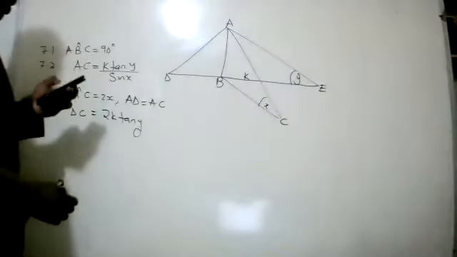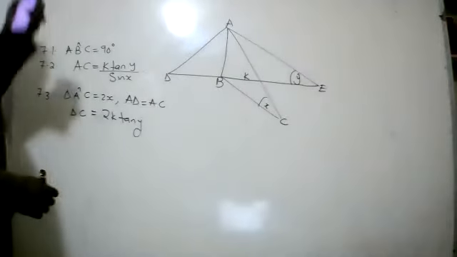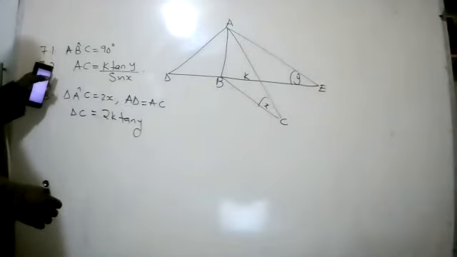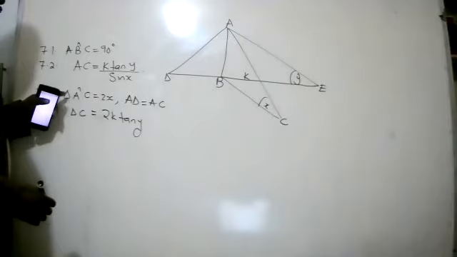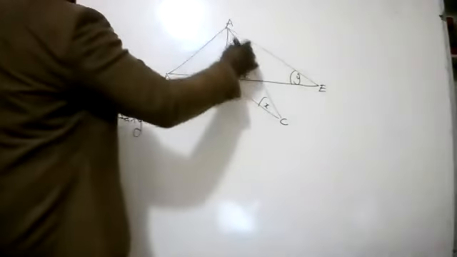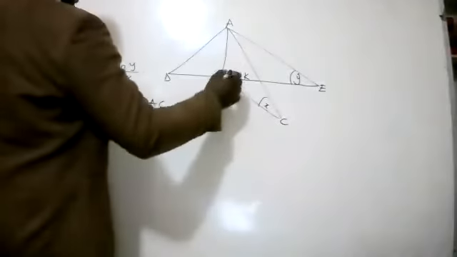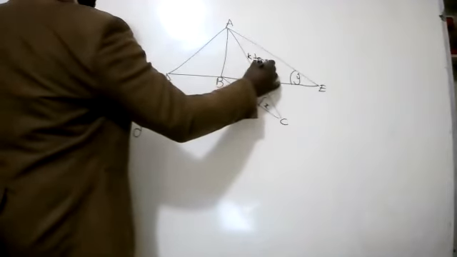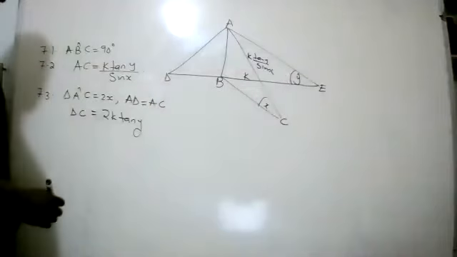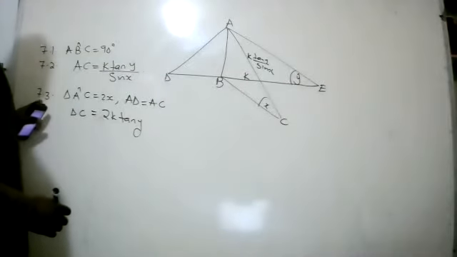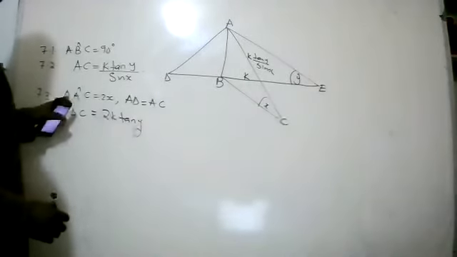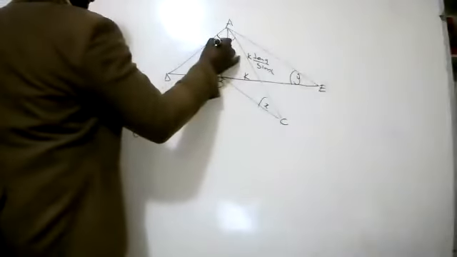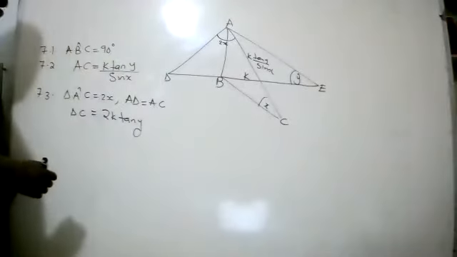So we are having a diagram like this. And in question 7.2, we were able to show that the distance AC, this distance here, is equal to K tan Y all divided by sine of X. On the question below, we are given that the angle DAC, this angle up here, is equal to 2x.